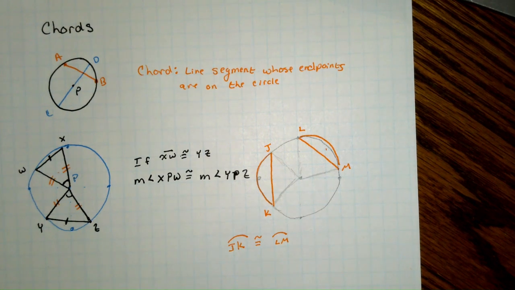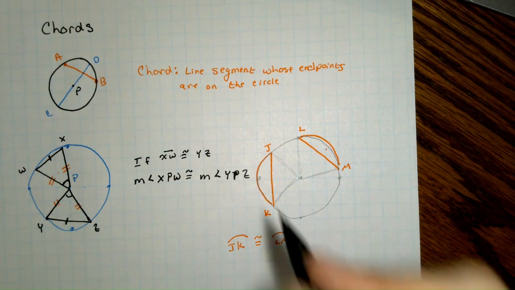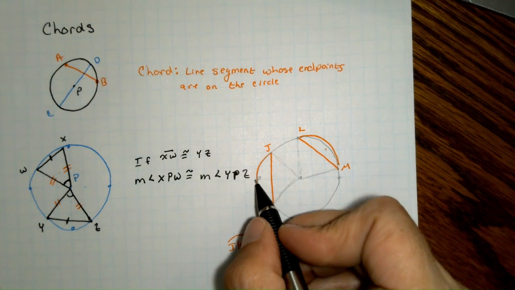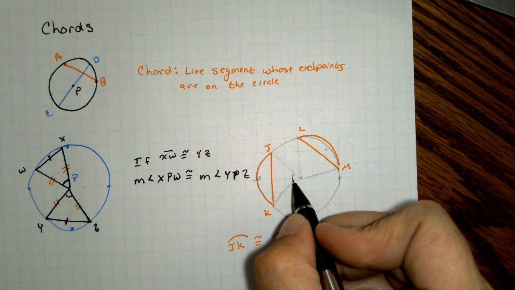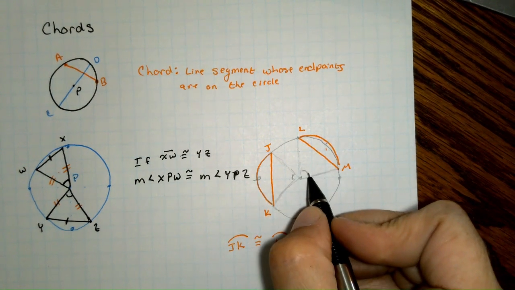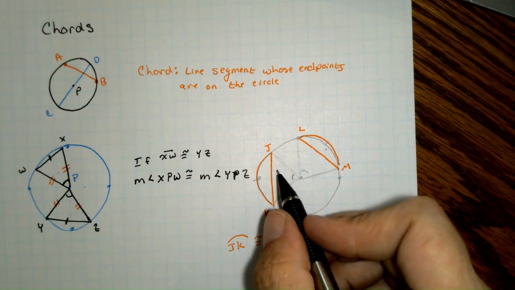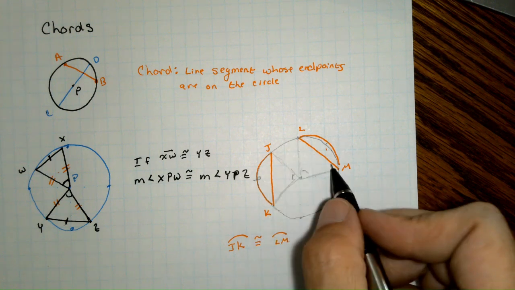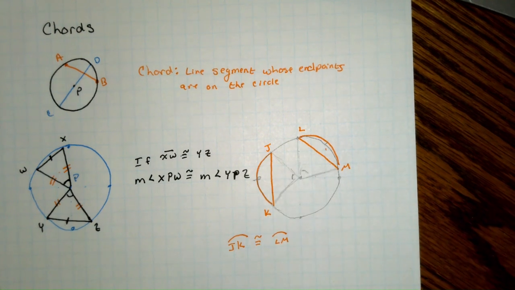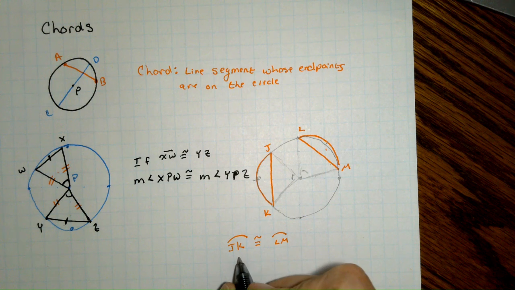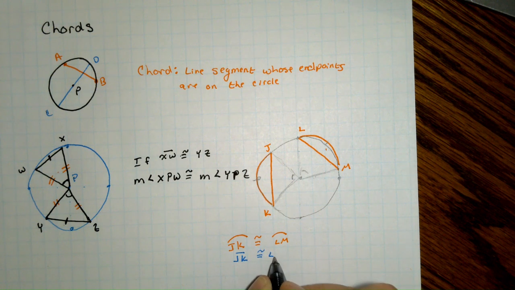So technically the triangles are congruent because here's the thing. Whatever this arc is, the angle matches. Whatever this arc is, the angle matches. So we'd have side, angle, side. And so if the arcs are the same, we can also say JK and LM are the same because of side, angle, side with that congruent. So JK is congruent to LM.